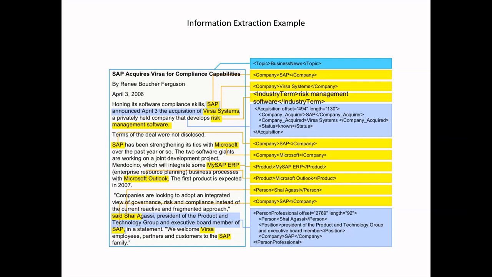And if there are some companies mentioned, what are their names? What kind of industry or terms defining those companies are involved? In this case, risk management software or something like that. And also what kind of product, the name of any person involved, and things of that nature.